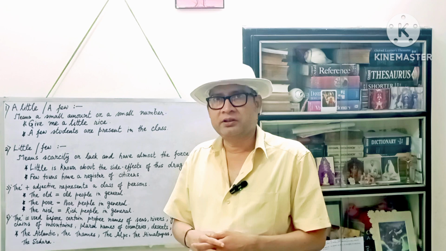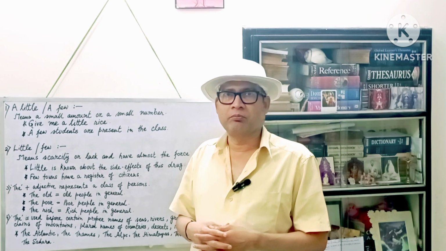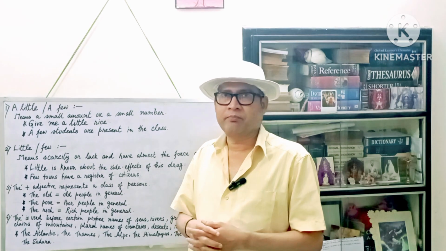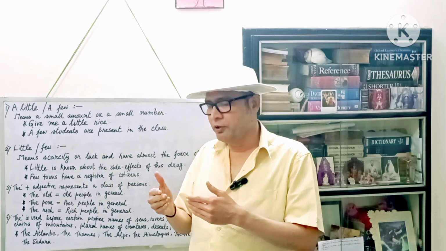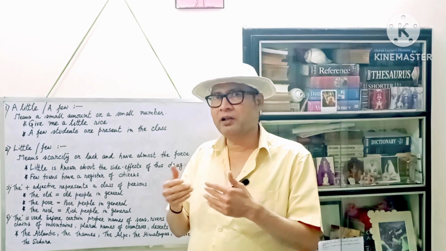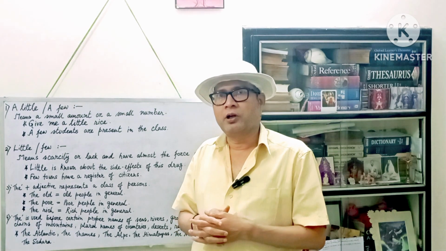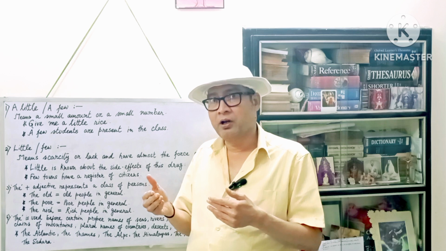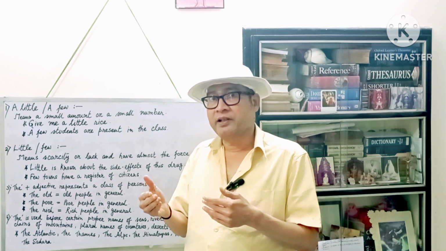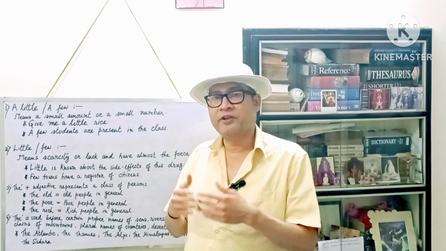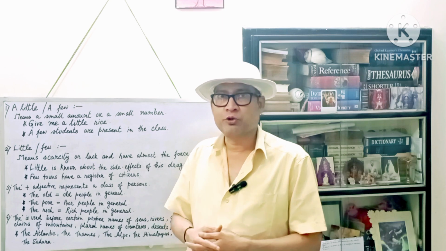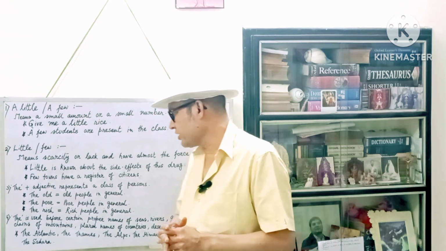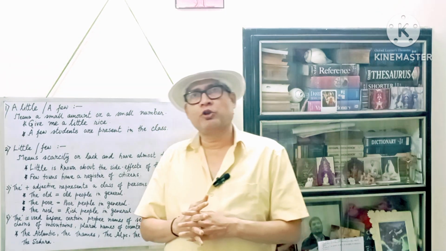For example, the UK, the United Kingdom, the USA. So this way, when you are speaking English, you should be a little conscious whether you are using the name of a country that is a plural one, and if it is plural, then don't forget to use the.